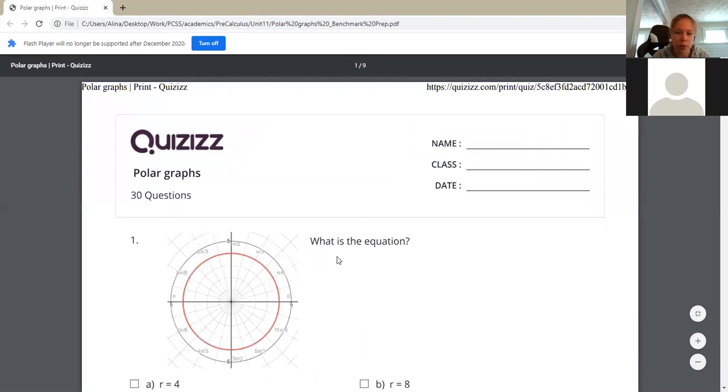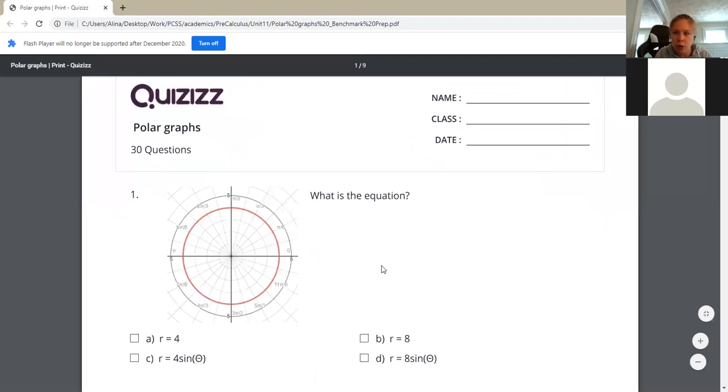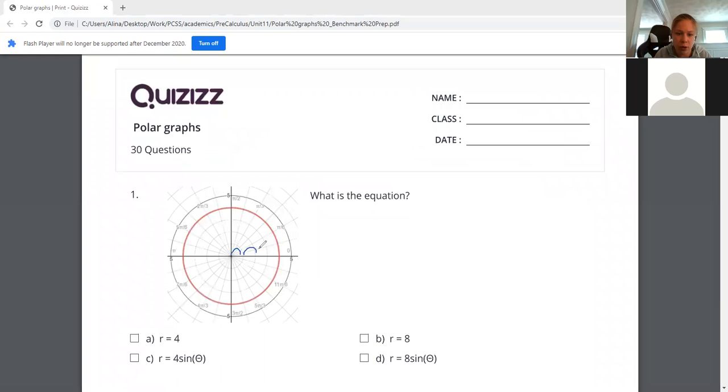Okay, so it's a circle with constant radius. Hopefully you can see that this radius is equal to 4: 1, 2, 3, 4. There you go. Radius 4, this is your equation of a circle, centered at the origin, radius 4, that's it.